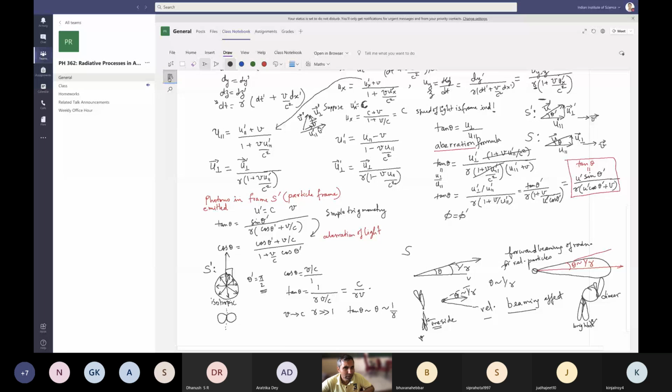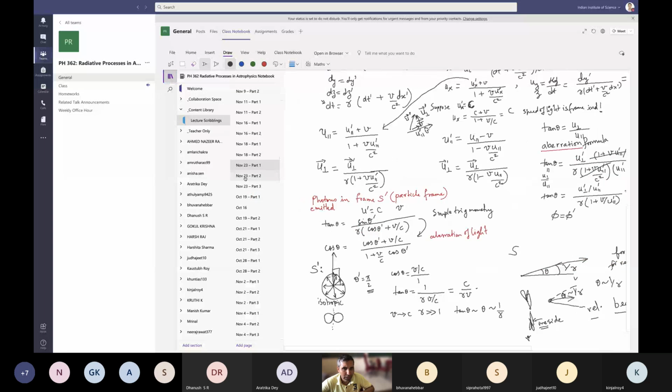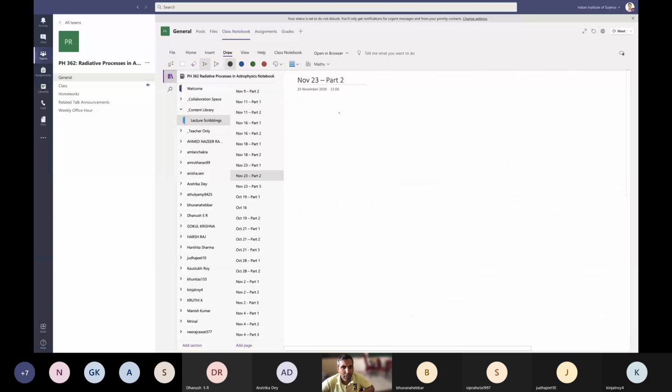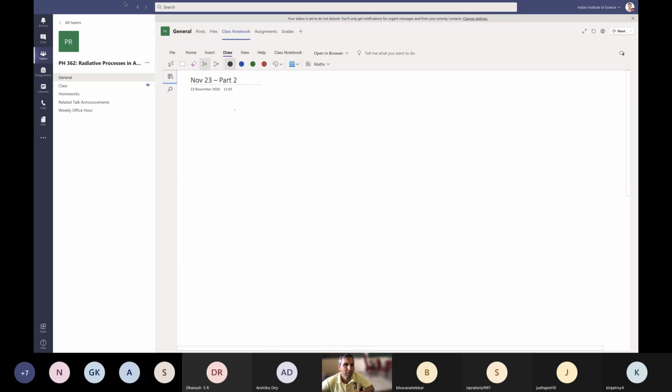Okay, the next topic we are going to do is Doppler effects, the relativistic Doppler effect.